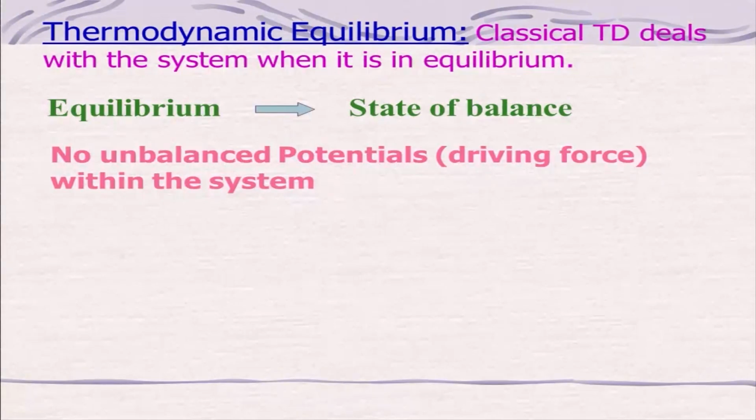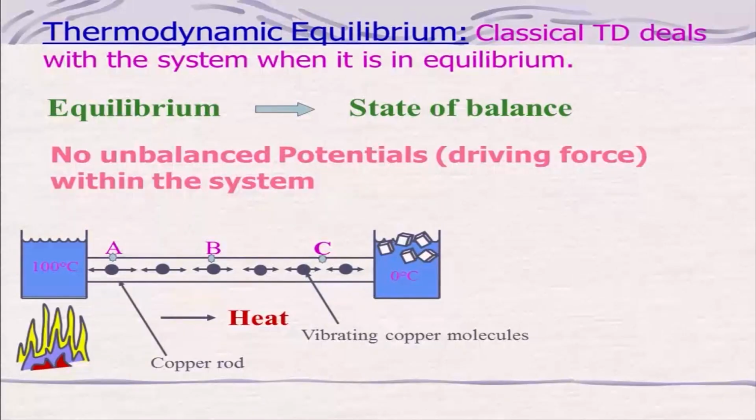There won't be any driving force within the system, and only then can we look at it. That means in the beginning the system will be in equilibrium, then whenever there is interaction with the surroundings, it will again attain equilibrium, then we will be talking about the change, right? That is what we will be doing here. And when you say equilibrium, okay, let us understand what we mean by equilibrium. We will take this example.